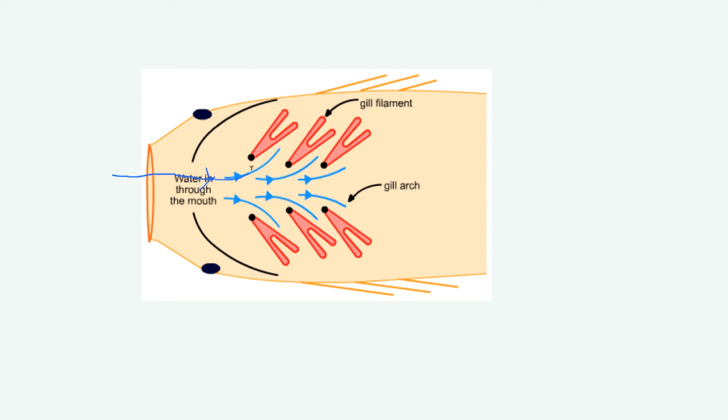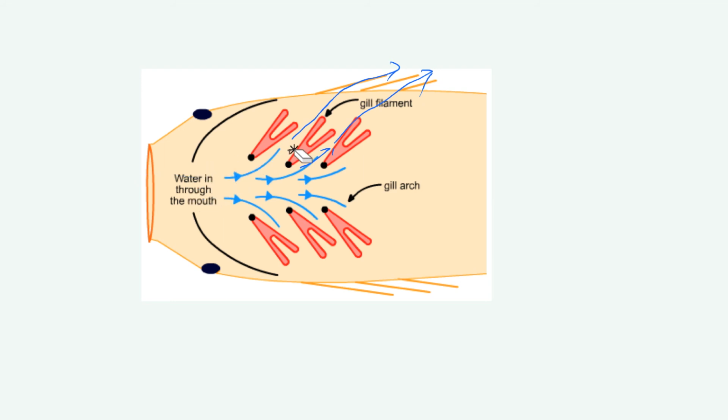And then it goes through past these gill filaments. We call them gill filaments. And then it escapes out of the fish via the gills. So that's why fish have gills. It's actually water leaving via the gills and entering via the mouth.